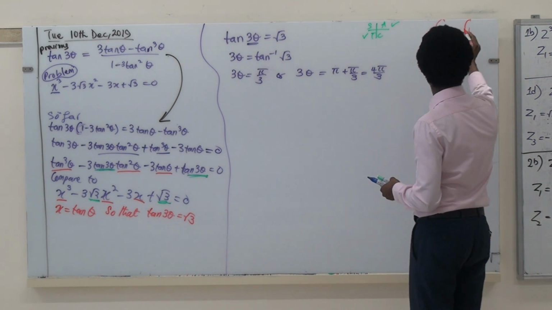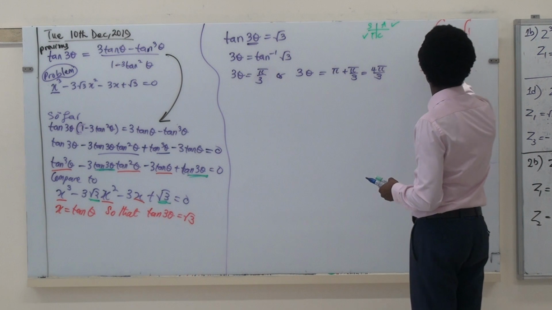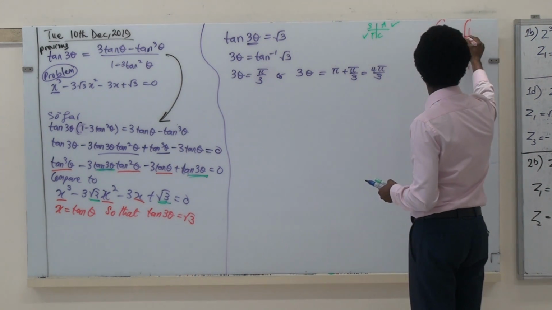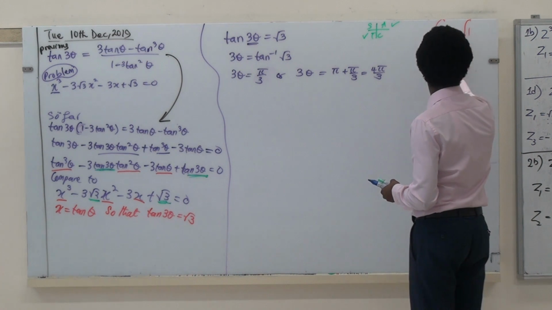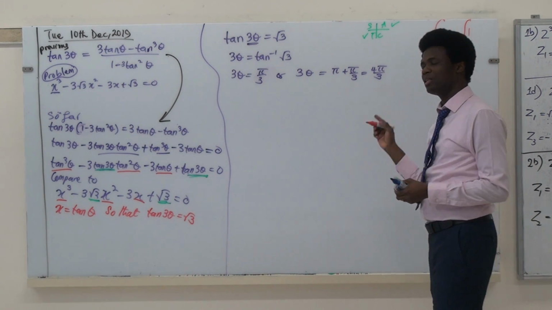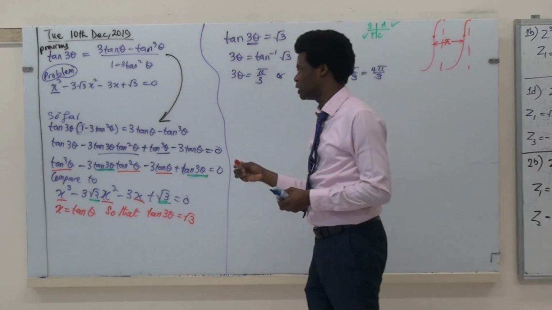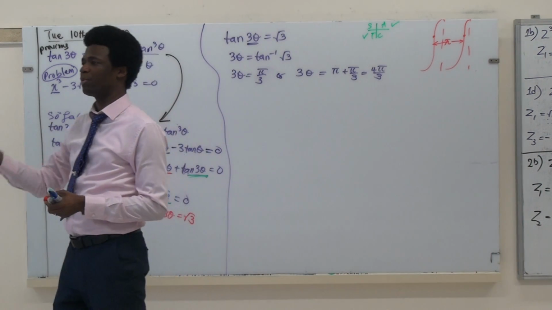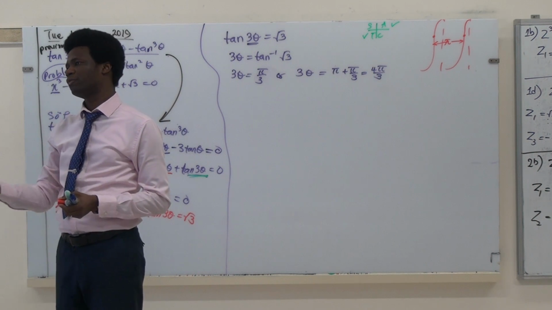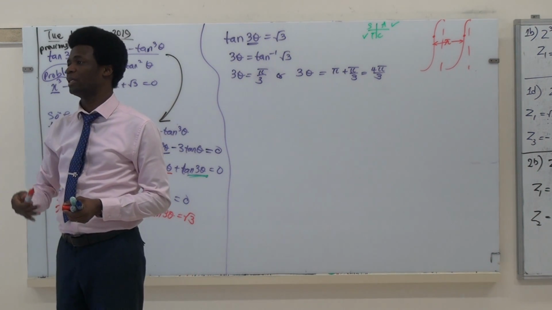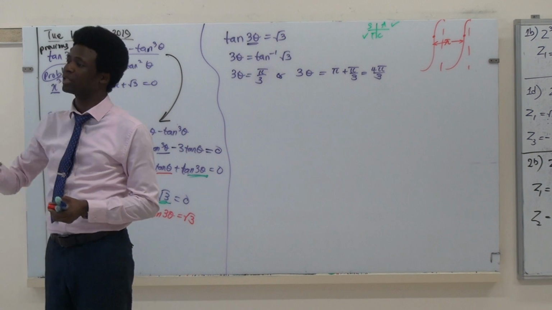So now, if you check the graph, you realize that you get the same value at every pi interval. So we say it is periodic about pi. Every pi gives you the same thing. In the case of sine and cos, we have figured out that it is after 2 pi that you get the same thing. In the case of tan, it is after every pi.